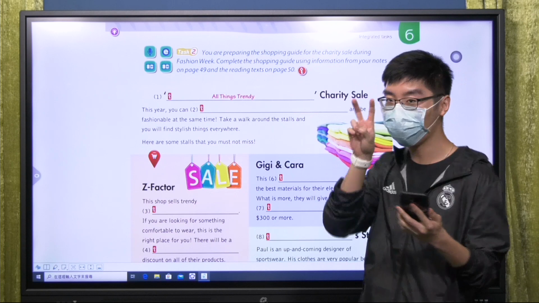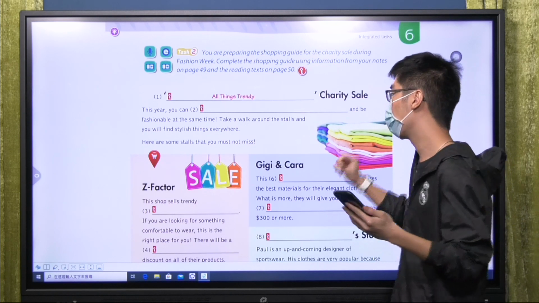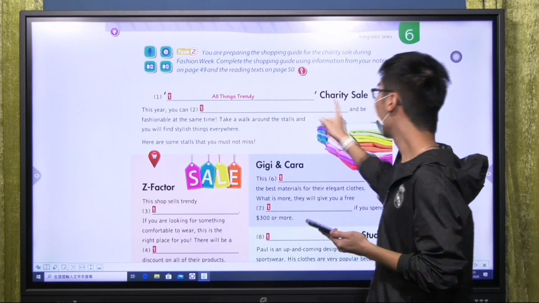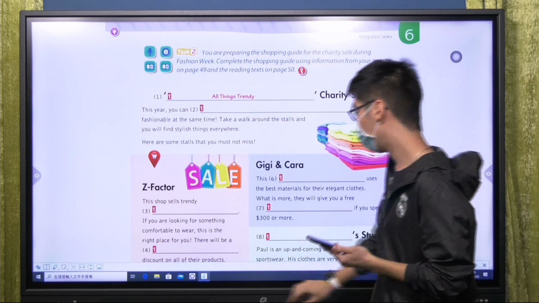So you need to look carefully for searching the useful information for you to answer the question. And then this here, this is its purpose. So you can see what's right here.